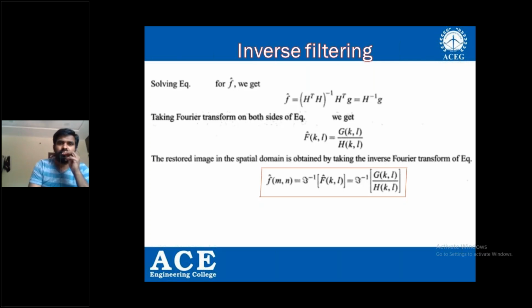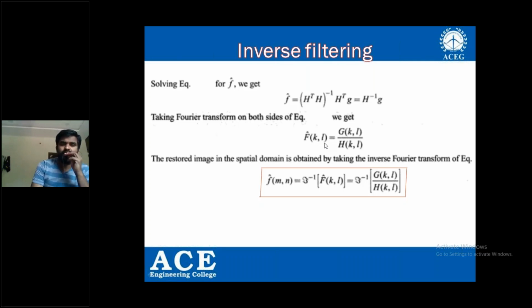That restored or estimated image, obtained by minimizing the error J, can be taken as F cap equal to H inverse G. So if I take the Fourier transform here, the spectrum of the estimated image can be represented as G of k,l divided by H of k,l, and don't be confused with the k,l values.